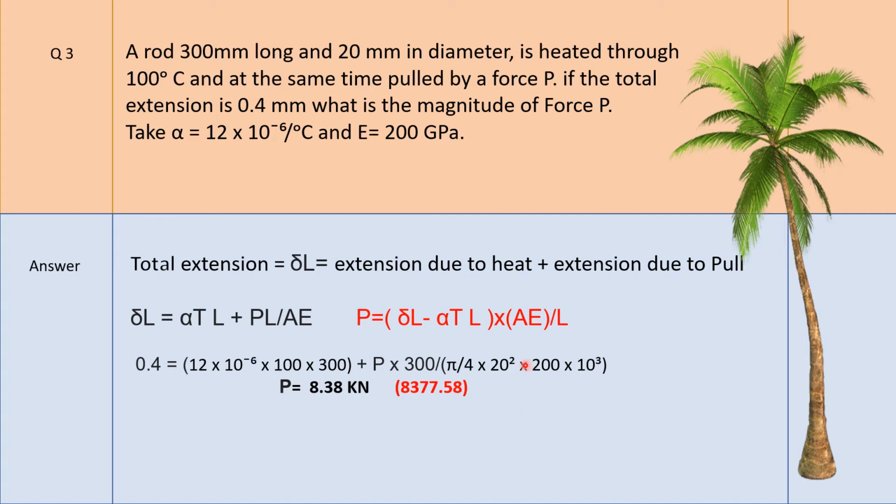It will give you 8377.58 or 8.377 into 10 raised to 3 Newton or 8.38 kilonewton.